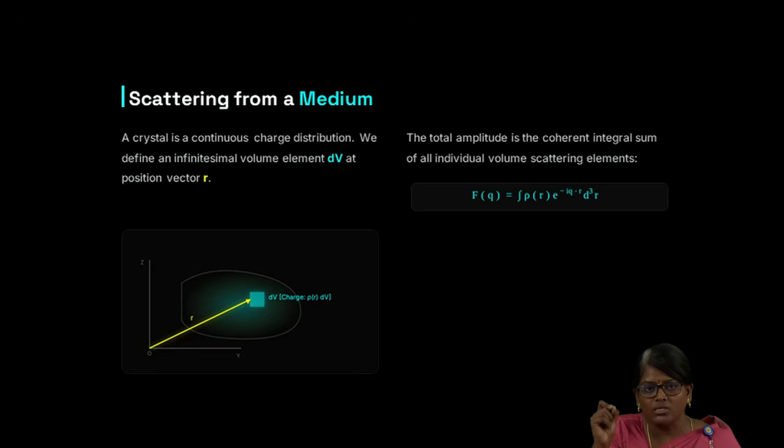So that is F of q is equal to the integral of rho of r into e power minus i q dot r dV. Here F of q is the total scattering amplitude, rho of r is the electron density at the position r or at the elemental volume dV, and e power minus i q dot r is the plane wave representation of the scattered wave.